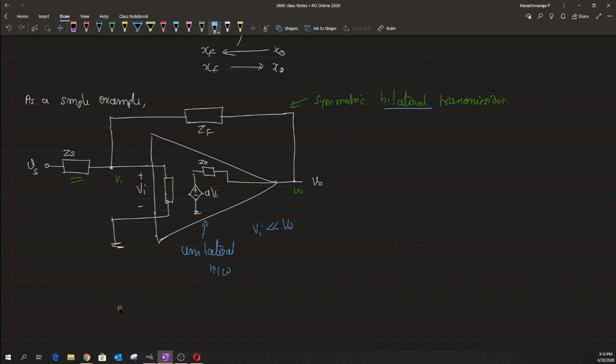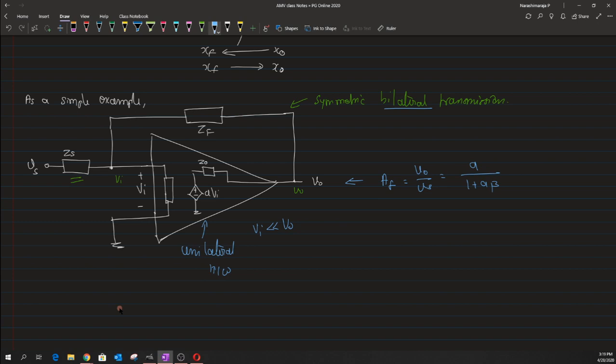So now having this bilateral transmission through this ZF and ZS causes some sort of inconvenience in applying the formula for calculating the closed loop gain, which is written as AF, which is V naught by Vs, and could be written as small letter a, which is nothing but the gain of the basic amplifier divided by 1 plus a beta.